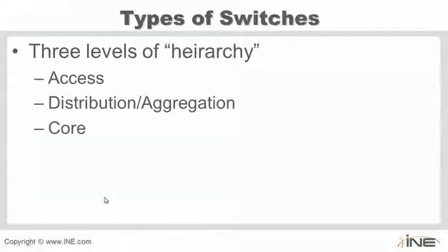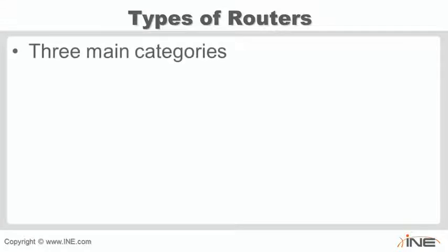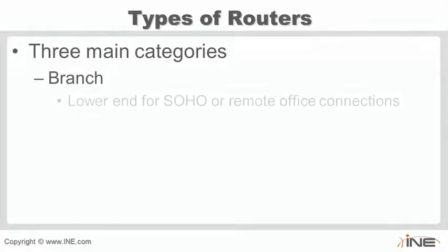Now the same is going to be true of the routers. We can still put them into three main categories. Just the terminology is a little bit different, in that they talk about the levels of the routers versus the switches. Typically the first one is considered the branch router, which is going to be some sort of low-end router that could be connecting your remote offices, or it could be one that's at your house, for which they use the term SOHO, which is small office home office.